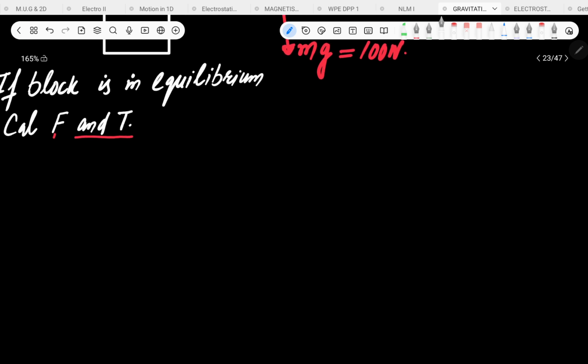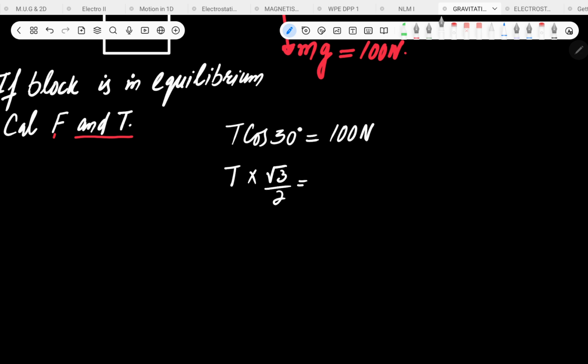So the first equation I will write down here will be T cos 30 degree is equal to what? It will be equal to 100 Newton. Now what is the value of this cos 30? Cos 30 is equal to root 3 by 2, so T times root 3 by 2 is equal to 100 Newton, which implies that tension in the string is equal to 2 into 100, that is 200, divided by root 3 Newton.